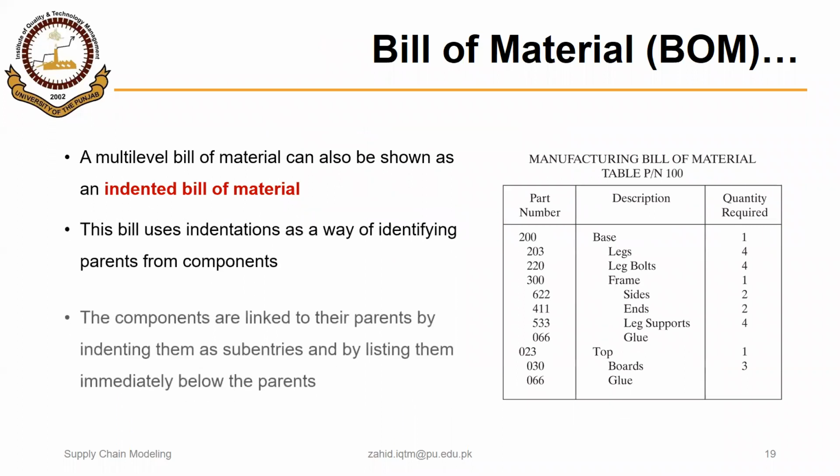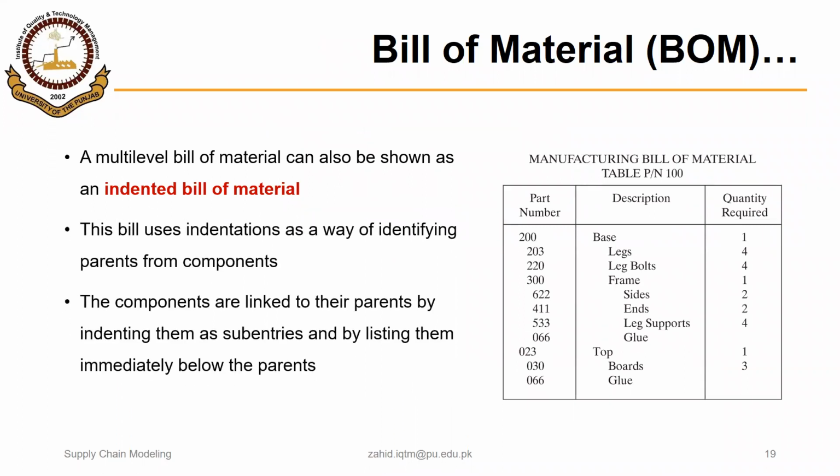Another form of bill of material is the indented bill of material, and that is more commonly used. Indent is, with respect to Microsoft Word, which you have also come to know, that we give some spacing before typing. For example, the part numbers 200 and 023 have the same indent in this case.